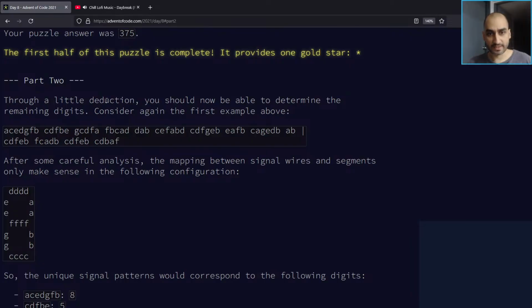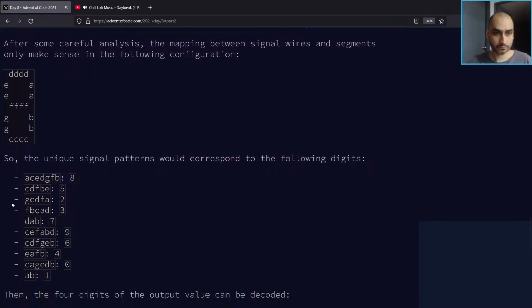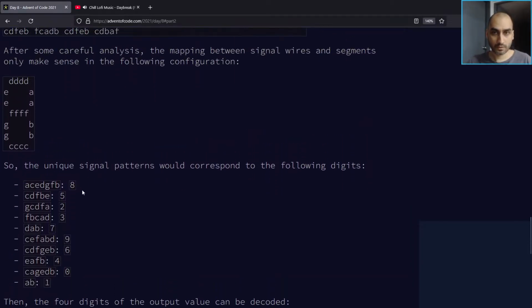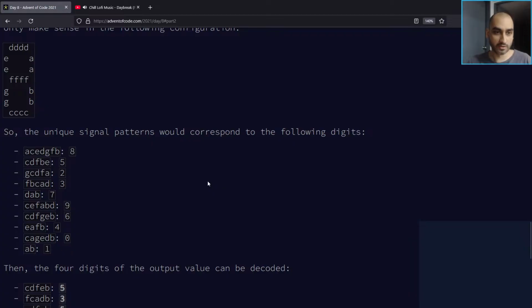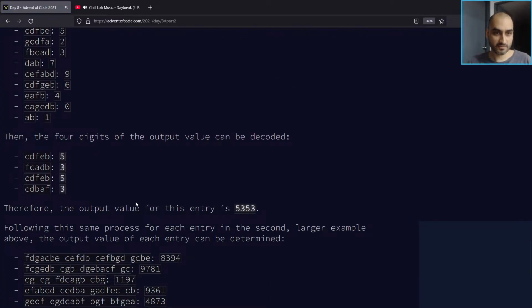After some careful analysis, the mapping between signal wires and segments only makes sense in the following configuration. So the unique signal patterns would correspond to the following digits. So we're basically solving a Sudoku. Okay, we can do that.